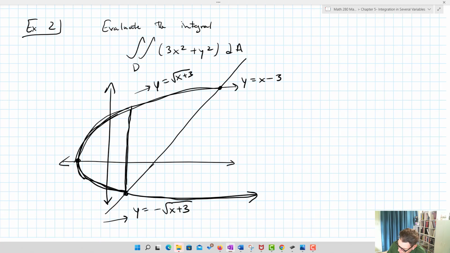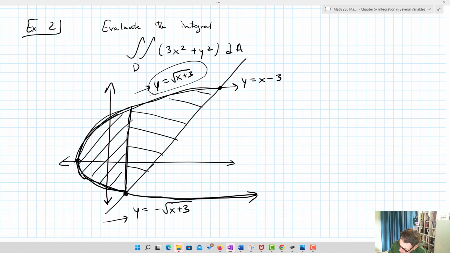Then the second region is this region right in here, and that one will have y equals the square root of x plus 3 as the top, and the bottom will be y equals x minus 3. So we actually have to break this region up into two pieces, and that's more complicated, more work, more time intensive. We don't want to do that.